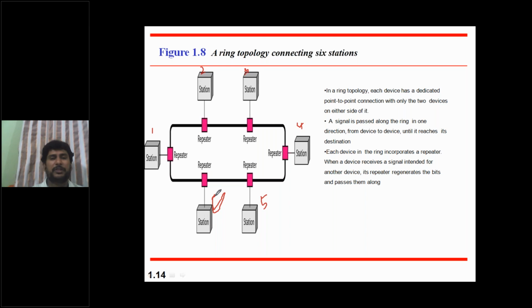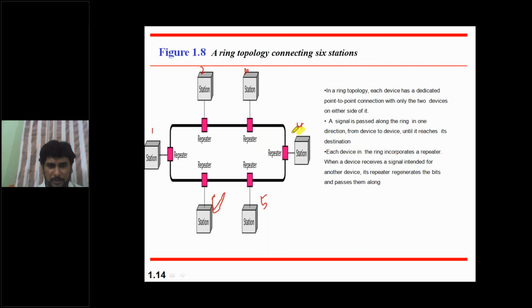Now the information will be transmitted from 2 to 3, but 3 is not our destination. Again, it verifies and understands the data is not intended for it, so it has to forward it to the next station, station 4. It repeats the process of regeneration using its repeater, and then the data reaches the destination 4. Now it matches the destination address, so it will take the information. So this is how information is exchanged in a ring topology.